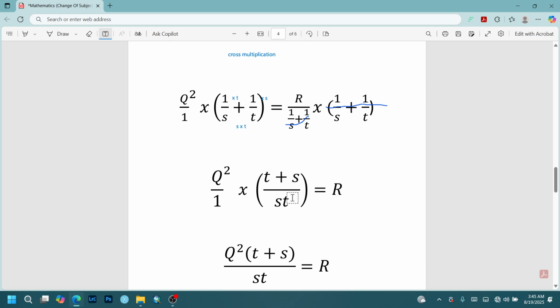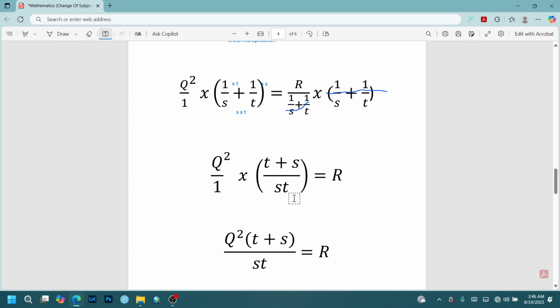So when you are multiplying fractions, here we don't do cross multiplication, right? The numerator would multiply the numerator on the other side, the denominator would multiply the denominator on the other side. Okay, so the numerator Q square will multiply the numerator T plus S, and the denominator 1 will multiply the denominator ST, right?